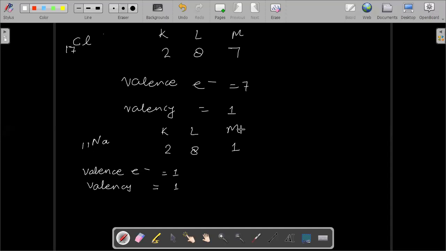Now, it's not possible for an atom to gain 7 electrons, because the nucleus cannot hold 7 more electrons. Therefore, it will donate the 1 electron it has. So it will remove the 1 electron.